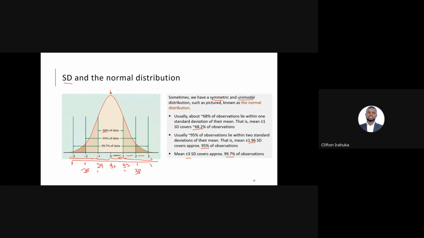If my mean is 10, and my standard deviation is 3, does that mean that 99.7% of the observations lie between 7 and 13? The standard deviation is 3. Yes. So that means it's here.